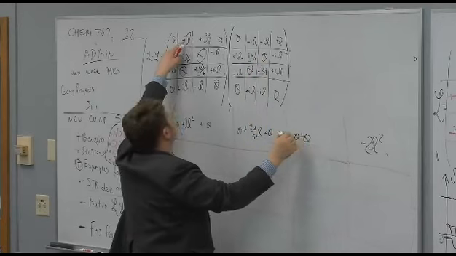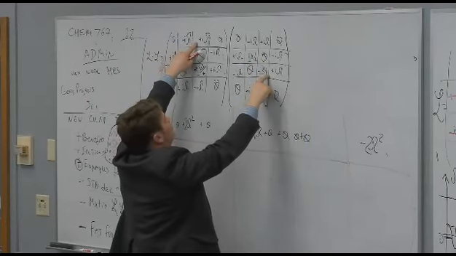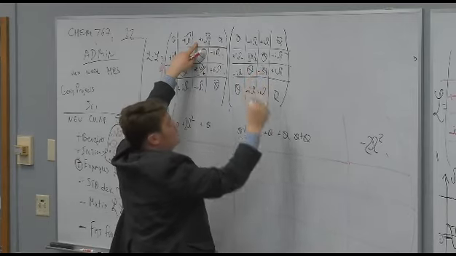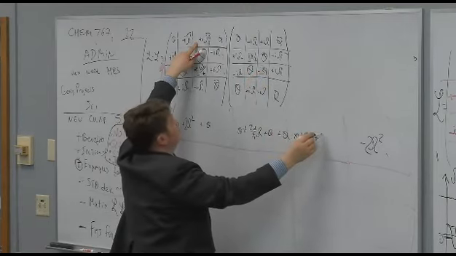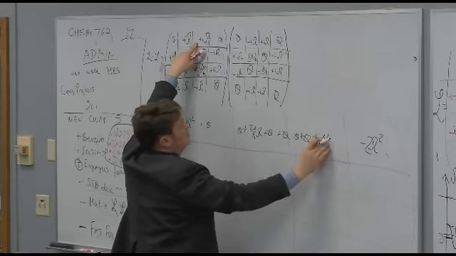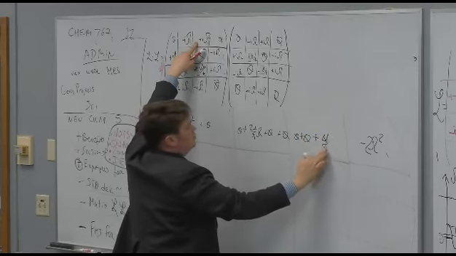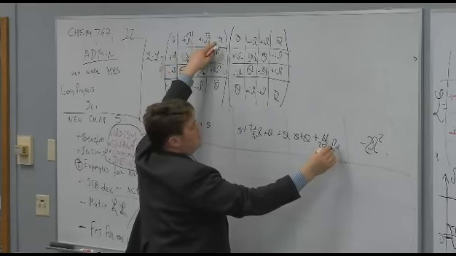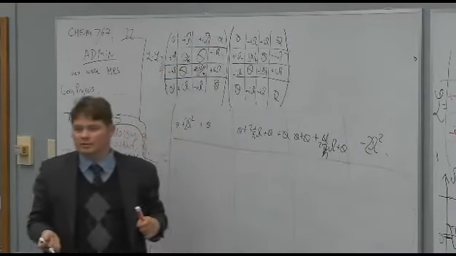Second is 0. Third is i times i, minus, another minus, so it will be plus delta h bar 2 omega. And the last one is 0. Correct?